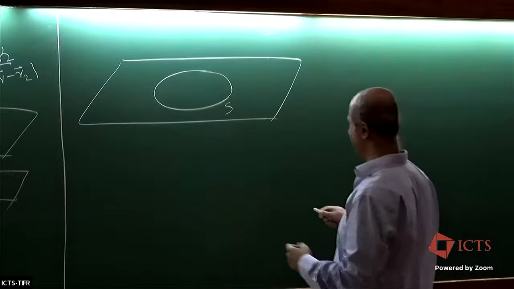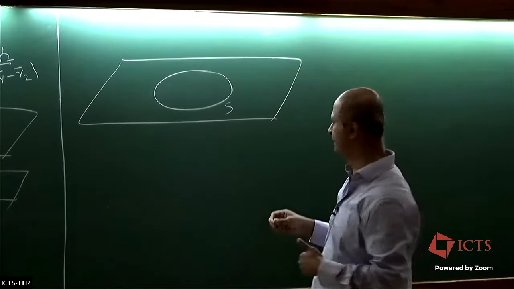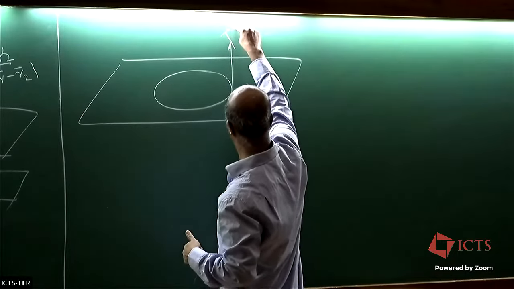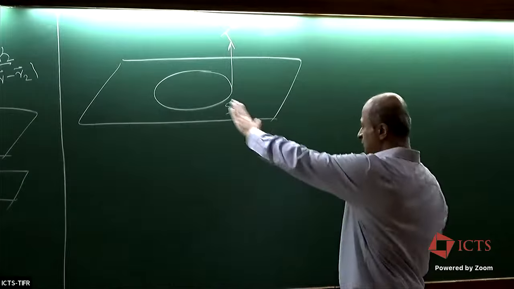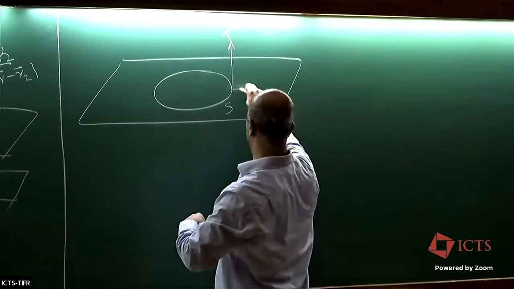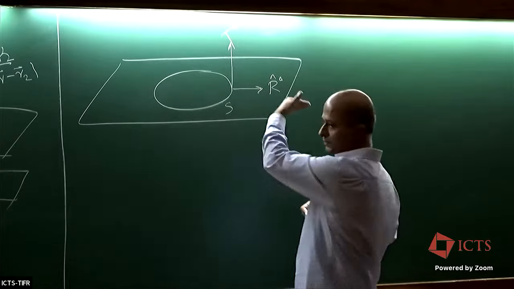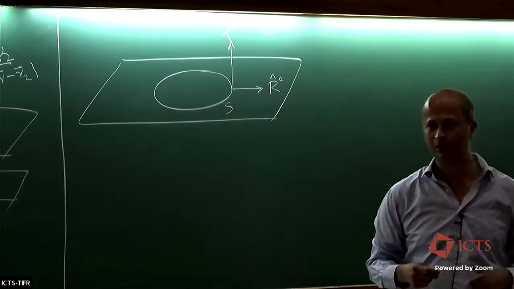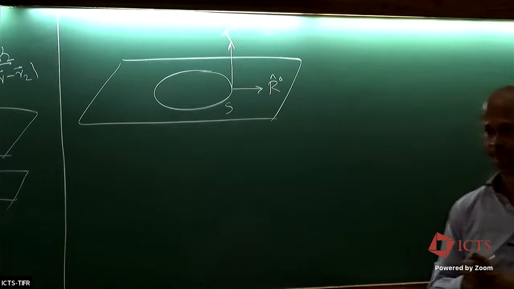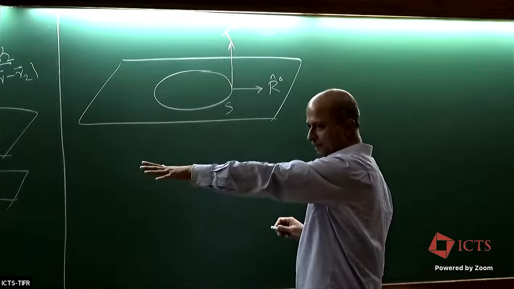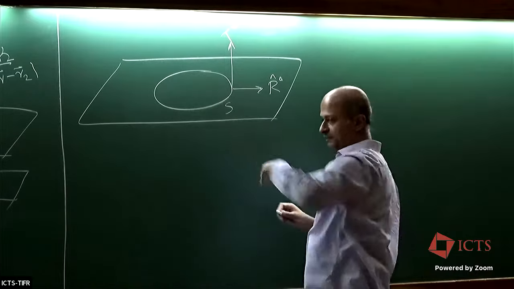So the first thing is that I can construct the null normals in an obvious way. I have the unit time-like normal, that is big T. And on the spatial slice, I have the unit normal, let's call it big R, the radial direction, that is of unit length in the proper metric now. So this I'm presenting in a general case. It doesn't have to be conformally flat, but this part is fully general.